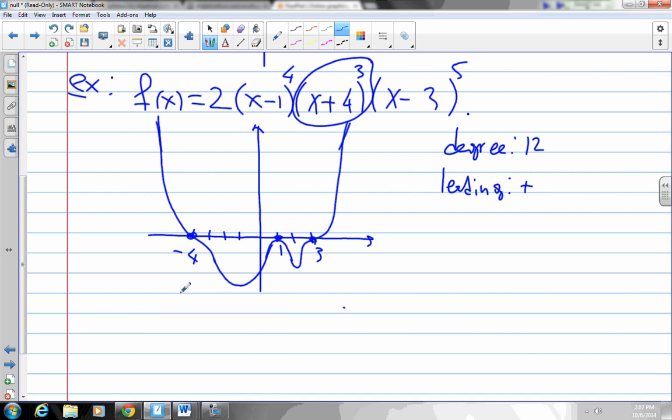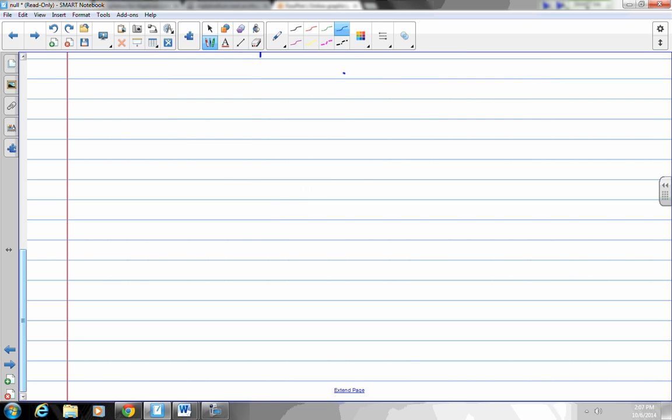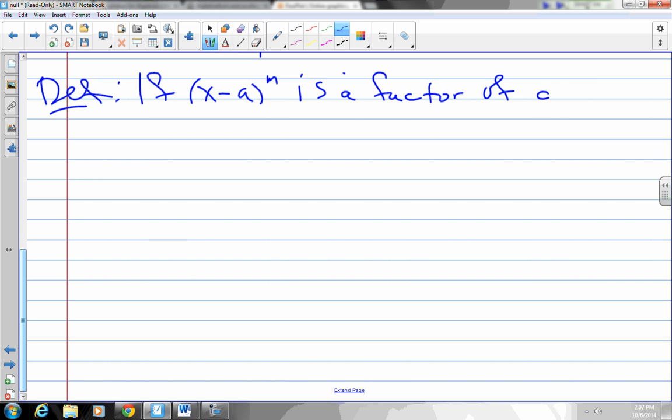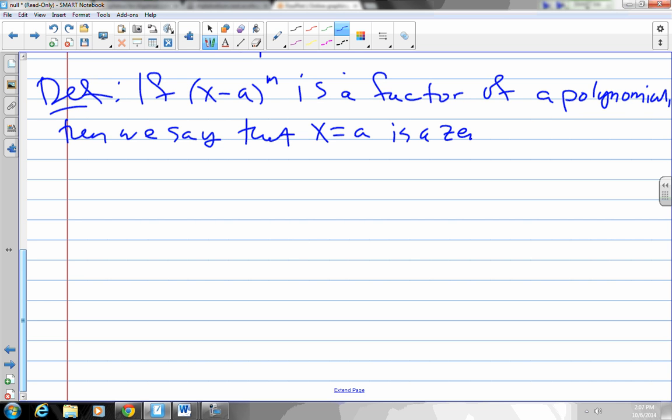Okay, so definition. If x minus a to the power m is a factor of a polynomial, then we say that x equals a is a zero with multiplicity m.